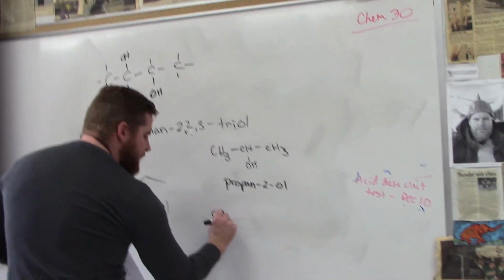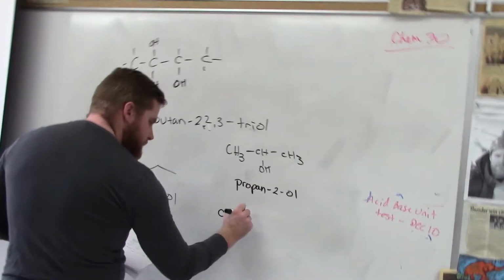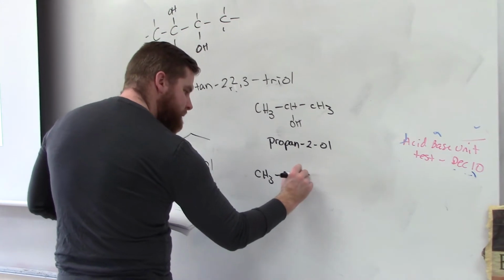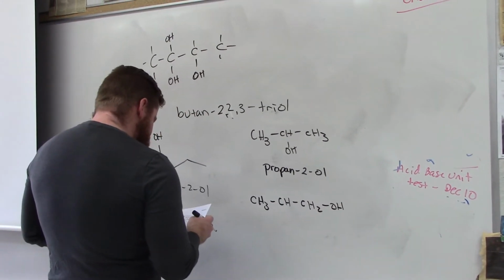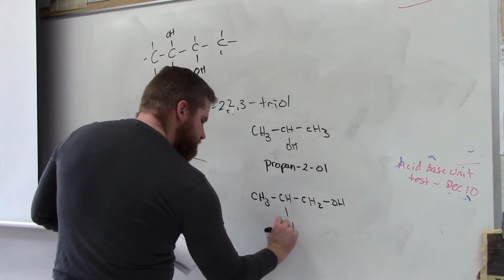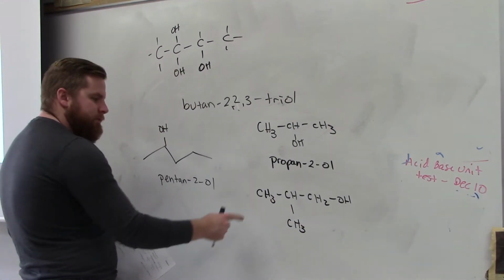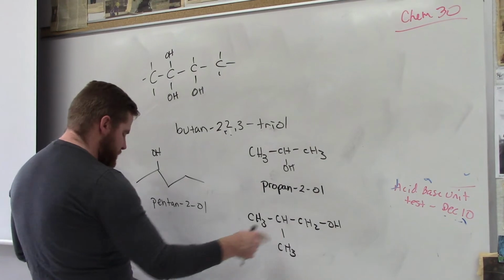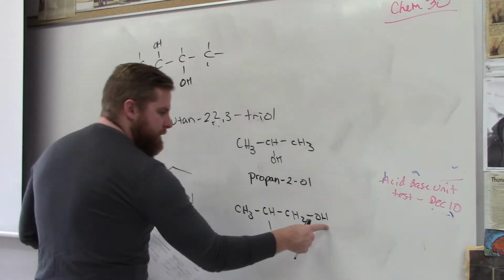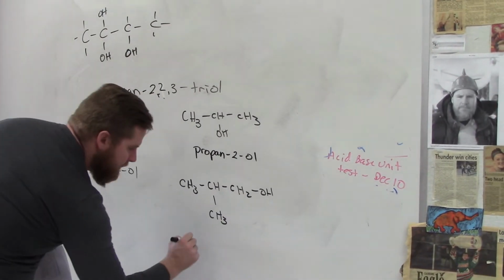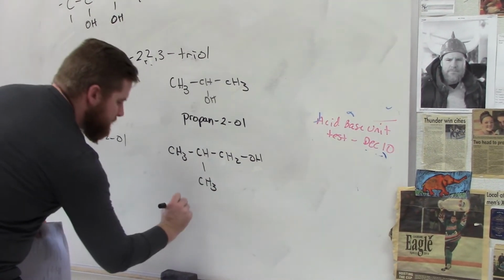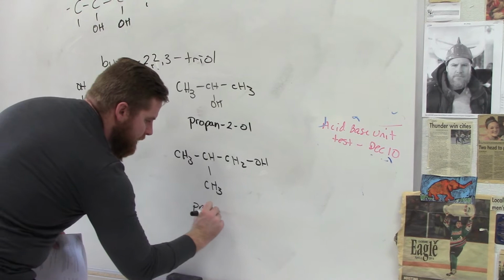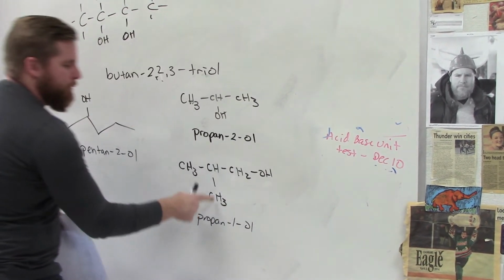Let's look at this guy. Okay, so I have 1, 2, 3 as a parent chain. This hydroxide's on carbon number 1. This would be my carbon number 1 because it's closest to the functional group. So this is propan-1-ol, and there's a methyl group on carbon 2.